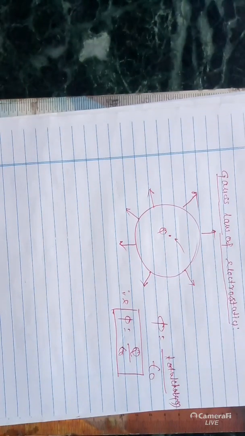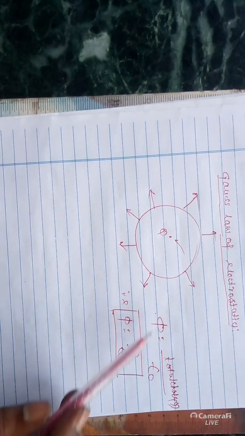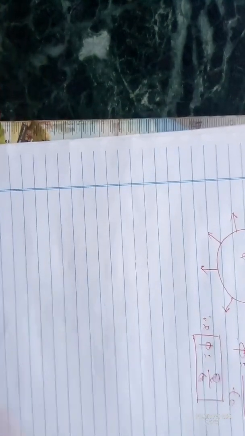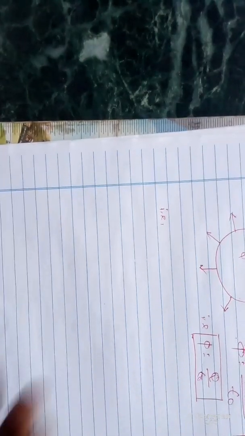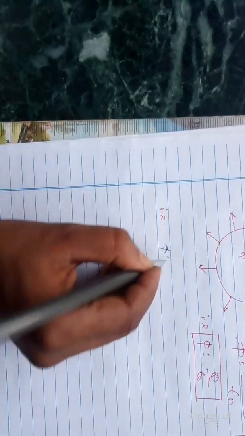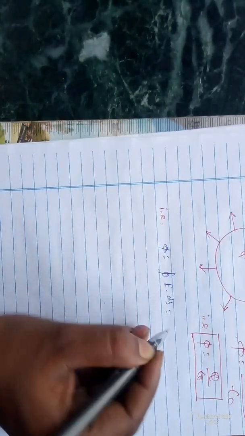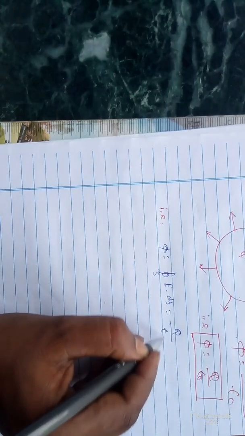You can state it in words, no problem. The total normal outward flux coming through a closed surface is equal to the total charge inside the surface divided by free space permittivity. Or you can state it in another form: phi is equal to closed integral E dot ds is equal to q by epsilon naught.